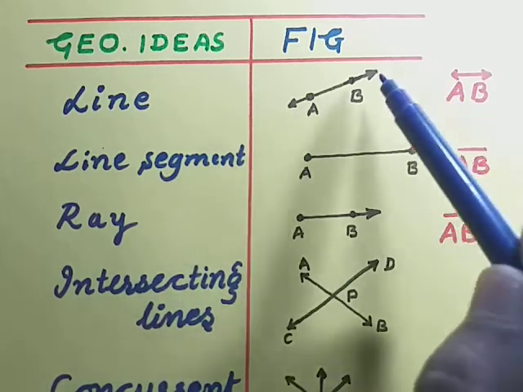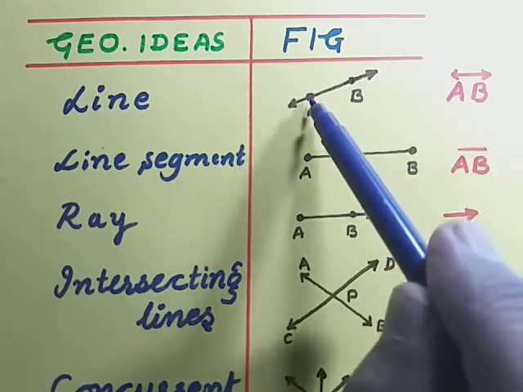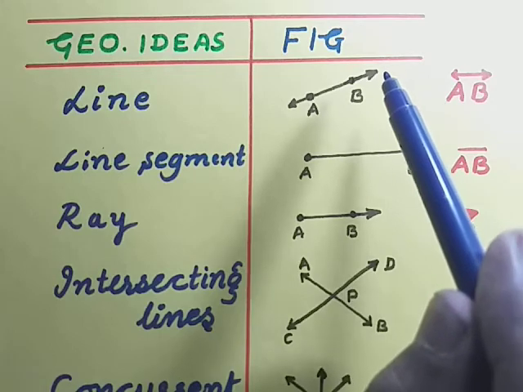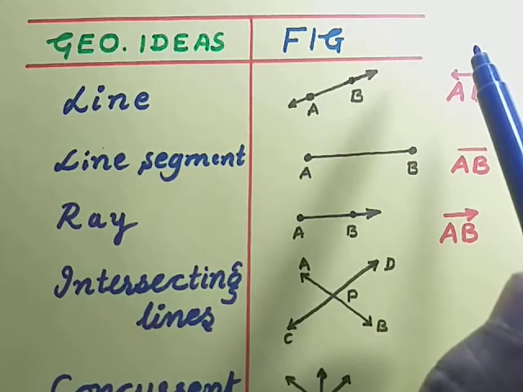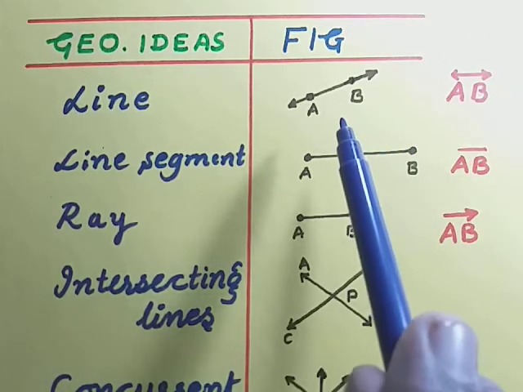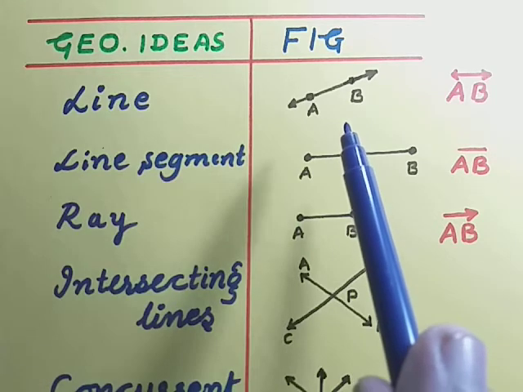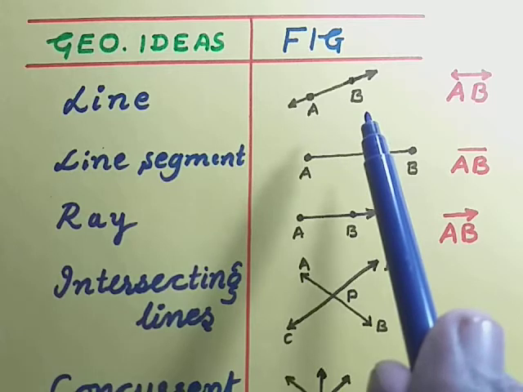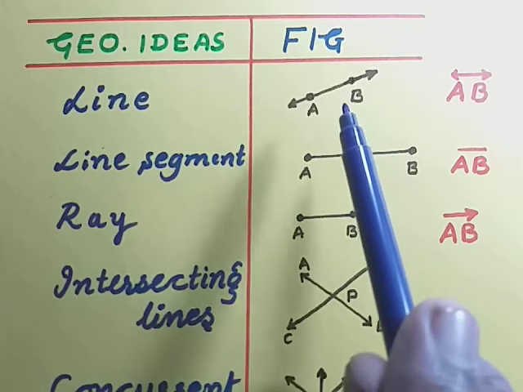That is, if it continues on the B side or on the A side, it just goes on increasing. Indefinitely it is moving. This is called a line. A straight path that passes through two distinct points is called a line.